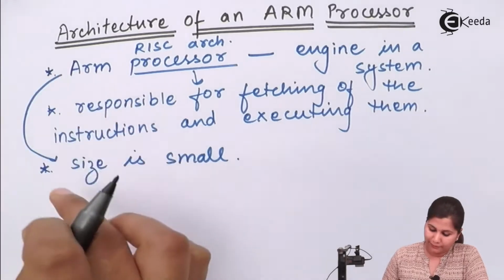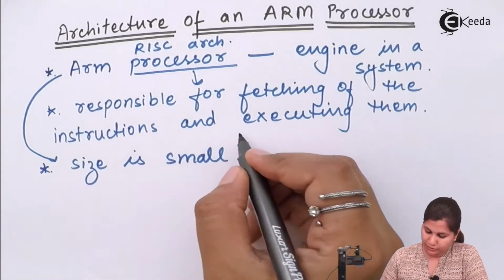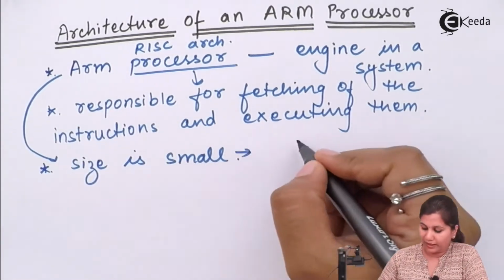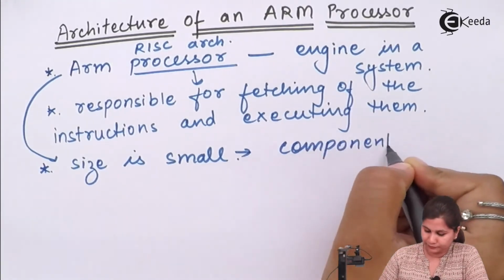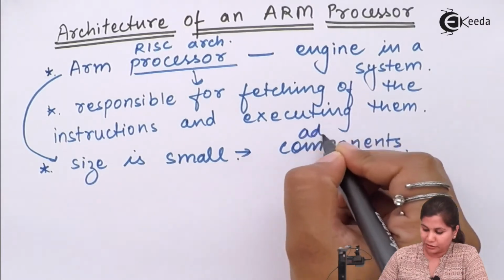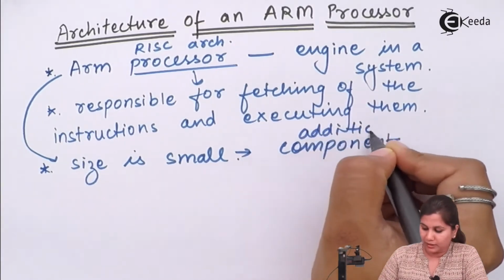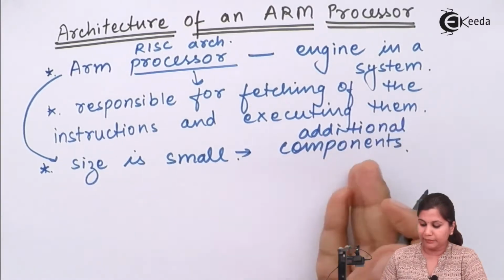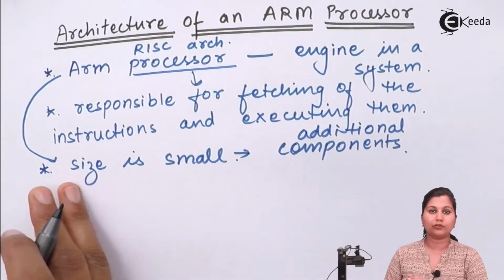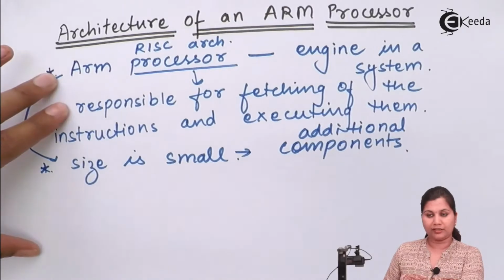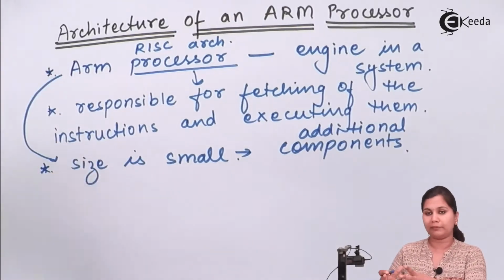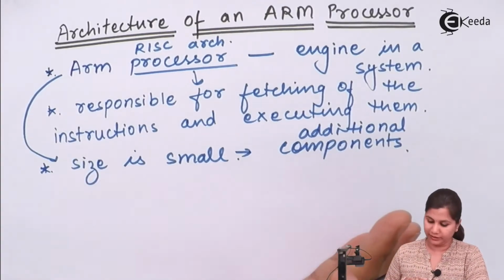So the size of the ARM processor is small, and that is why some additional components are attached with this processor to perform some other functions. So the ARM processor also consists of some additional components with it.